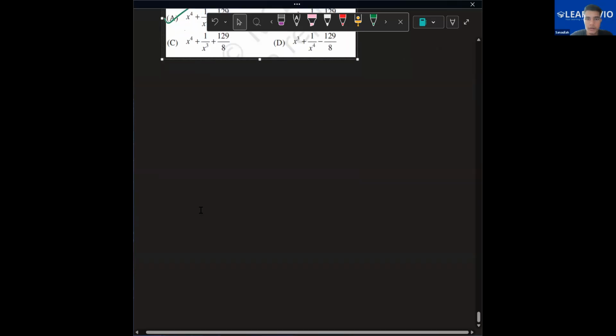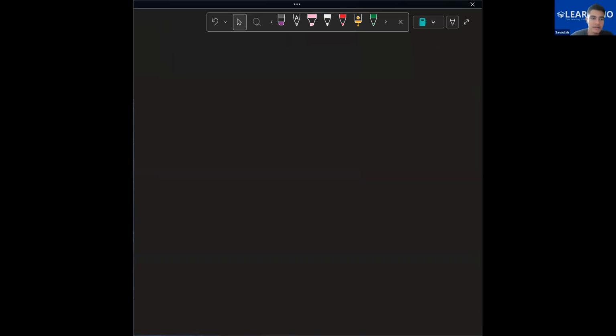Now let's move to the new topic, next part, that is integration by method of integration. We have three methods. Method of integration.